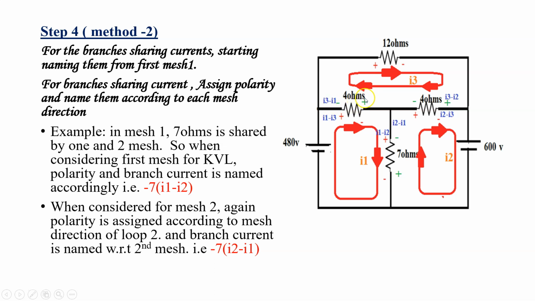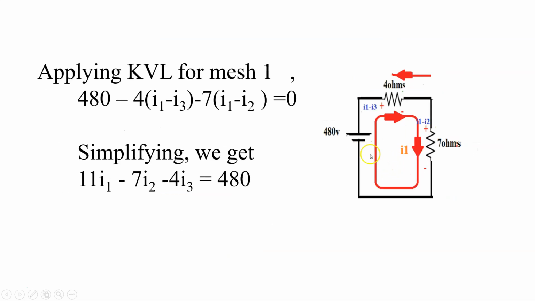Likewise, I have assigned polarity again for the third mesh. So here if you see, I have assigned polarity for I1 also, and when I am solving for the second mesh, I will be assigning polarity and the branch current again. So this is another method of solving, but the final equation will be the same as the previous method that we have seen. Okay, so what was the previous method?